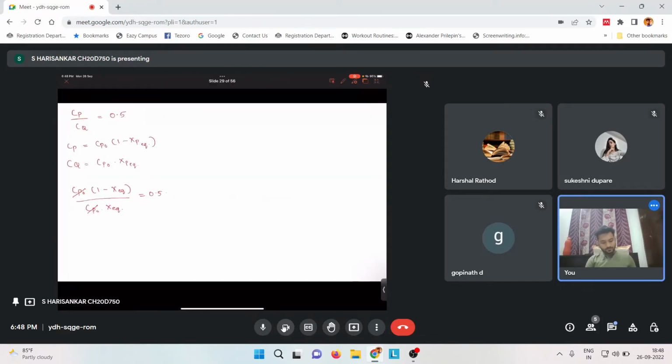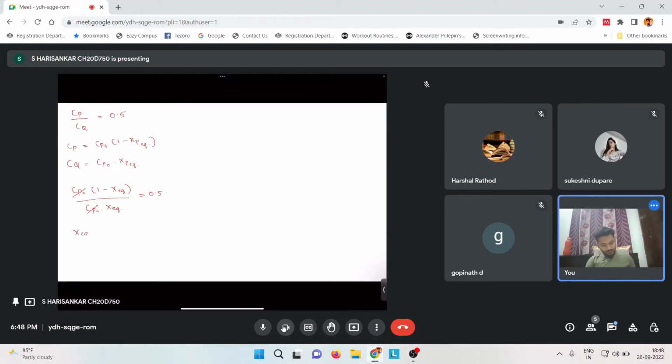Okay, so solving this, the X equilibrium will be 0.667, or approximately 2 by 3. So this will be X equilibrium, and they have said that the actual conversion is 75% of X equilibrium.